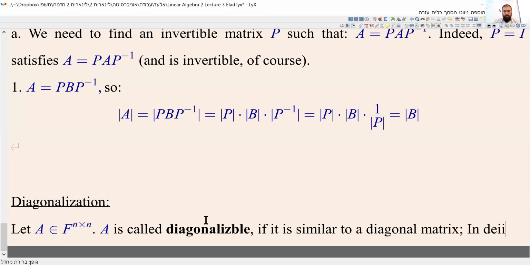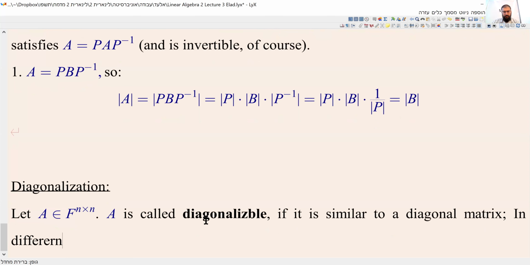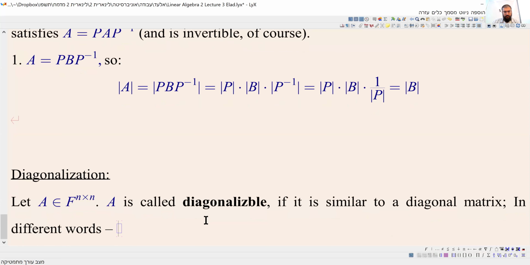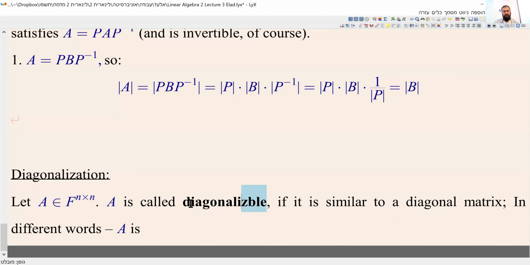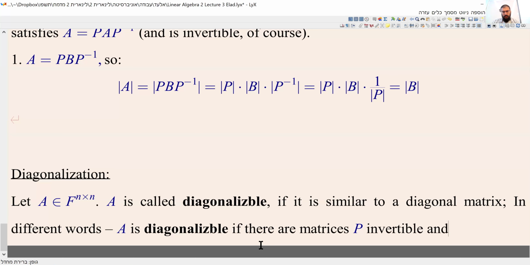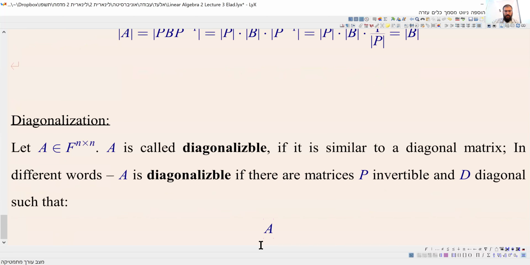Different words. A is diagonalizable if there are matrices P invertible and D diagonal such that A is P D P minus 1.